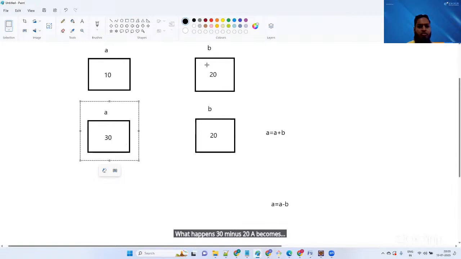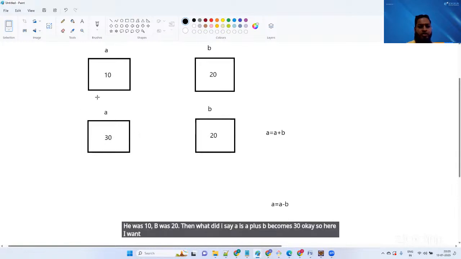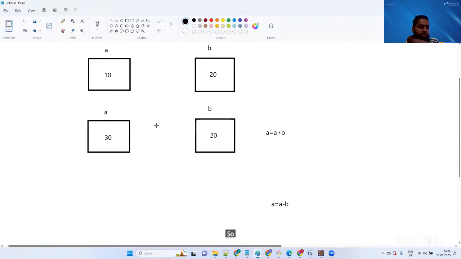A was 10, B was 20. Then what did I say? A is A plus B. A becomes 30. Here I want 20, right? So A is 30. So when I say A is A plus B, A becomes 30.